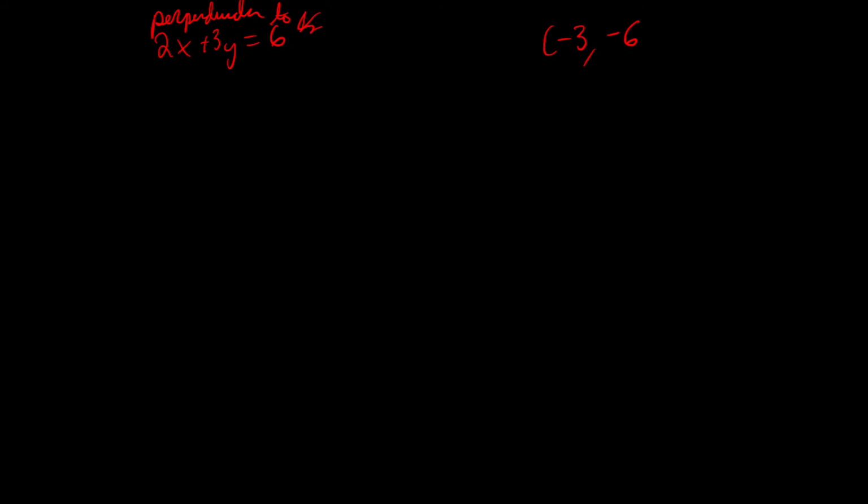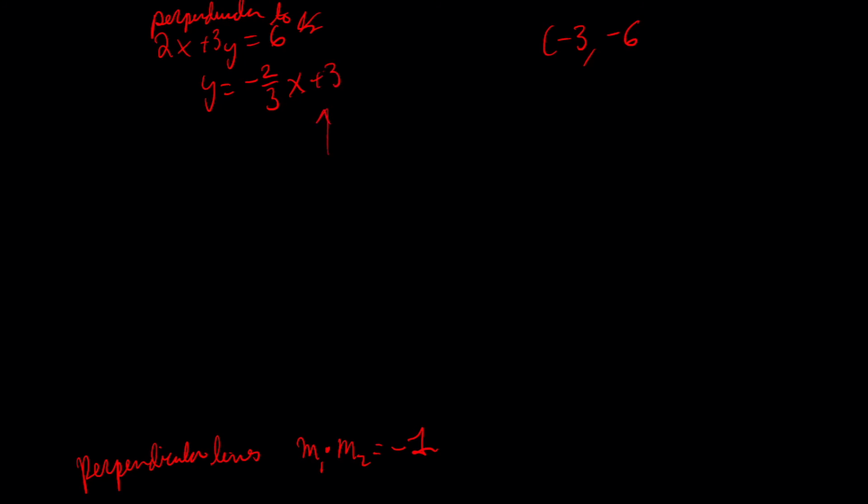Well, perpendicular lines, remember, if I take the product of their slopes, I'm going to get negative 1. So this here becomes y equals negative 2/3 x plus 2, because we had solved this before, right? 2x divided by 3 plus 2. Cool. So now I have negative 2/3.